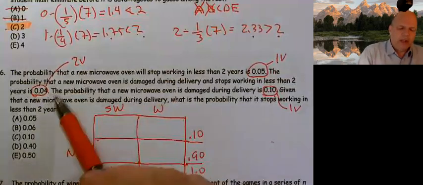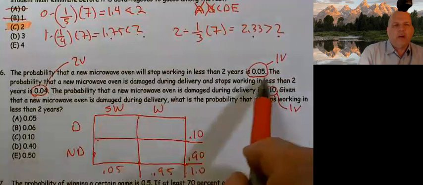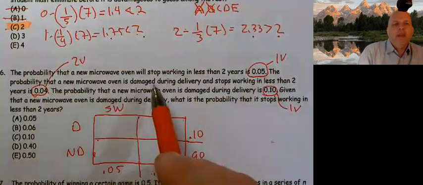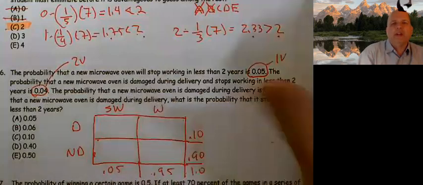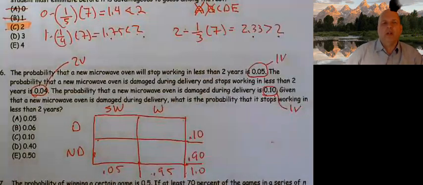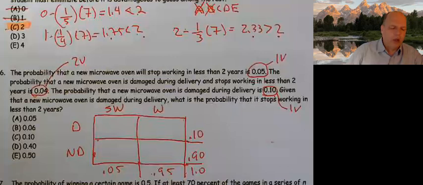All right. So we need to go back to the third variable they gave us. It says the probability a new microwave is damaged during delivery and stops working in less than 2 years is 0.04. It doesn't say if, it doesn't say given, it doesn't say from the group, it just says the probability that both things happen.